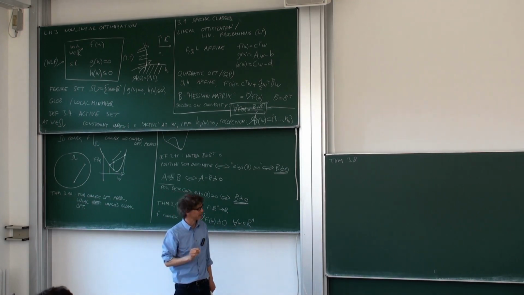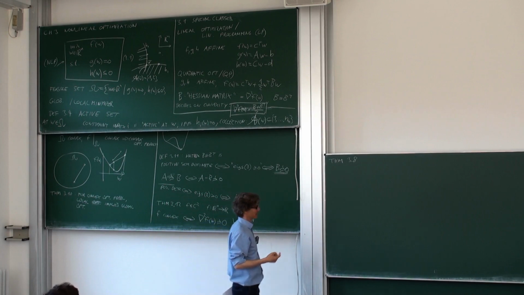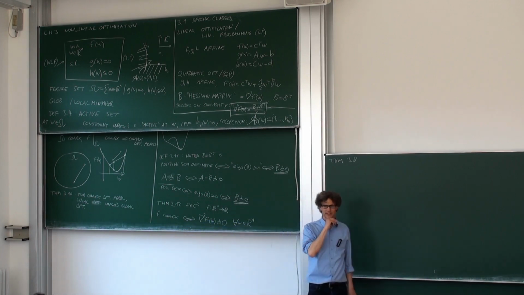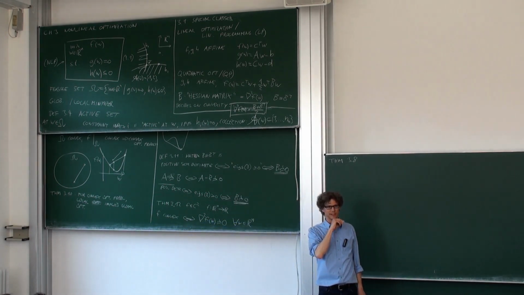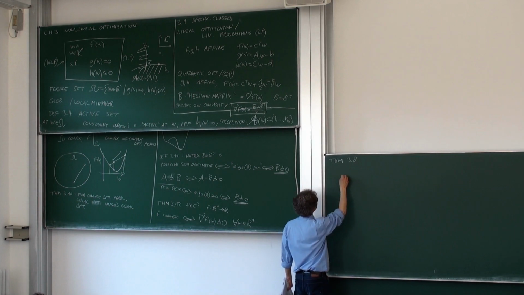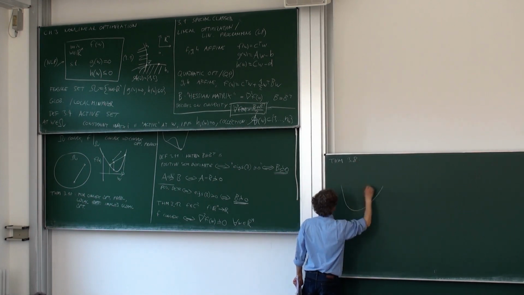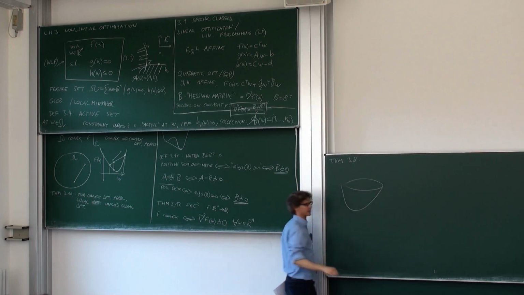And there is an easy way to say something of this form, namely, we know that sublevel sets of convex functions are convex sets. So what is a sublevel set? Maybe first I should give you the picture. The picture is that you have a function, maybe this would be a two-dimensional convex function.